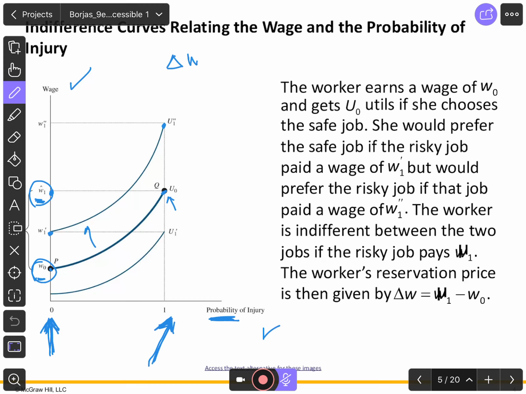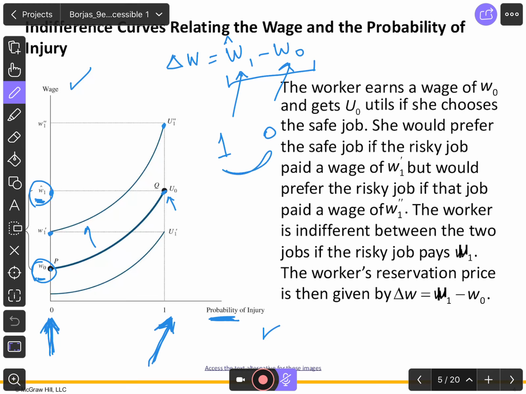The wage differential is the difference between W hat 1 minus W0, the difference between a job with a probability of injury equal to 1 versus a probability of injury equal to 0.